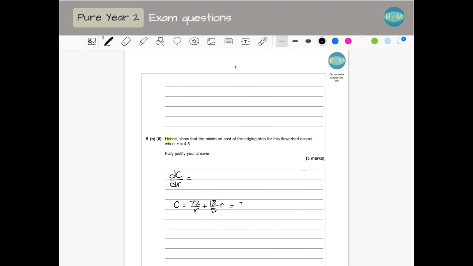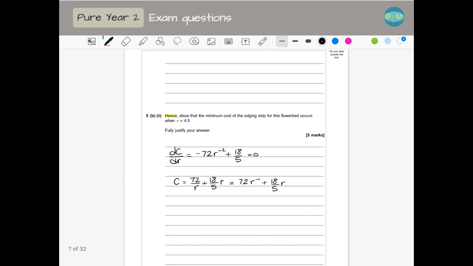And to differentiate, again, the r in the denominator can be written like this, and again it's easier to differentiate. So if we differentiate this expression, we have minus 72r to the power of minus 2 plus 18 over 5, and that must be 0 if I want the minimum.